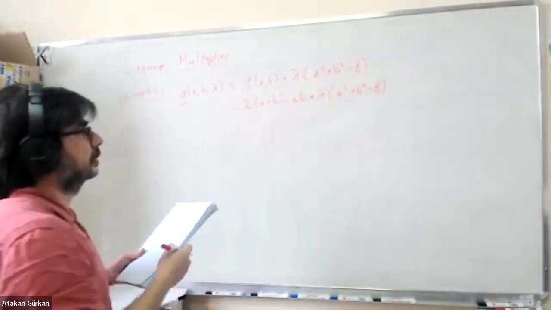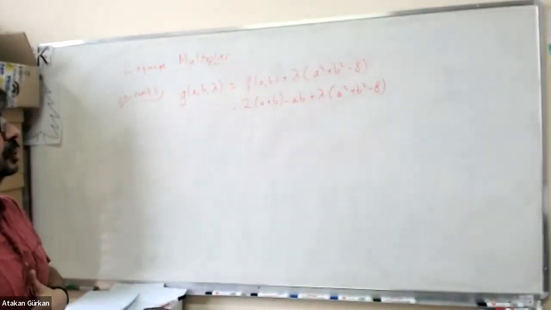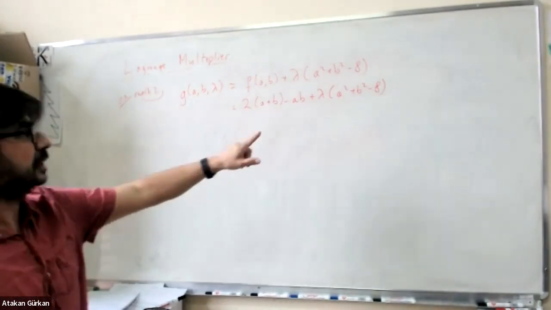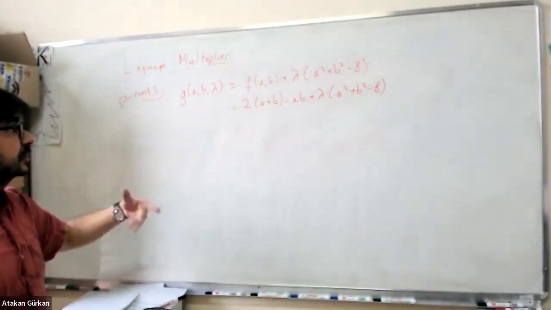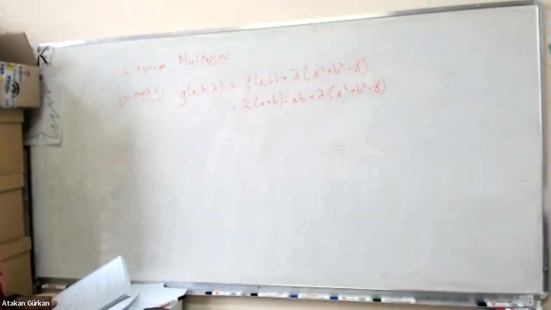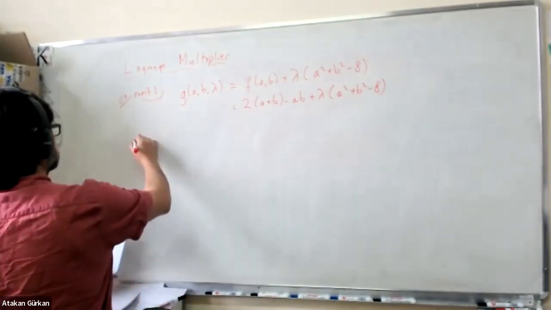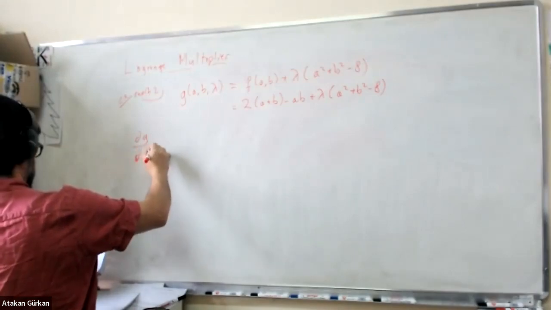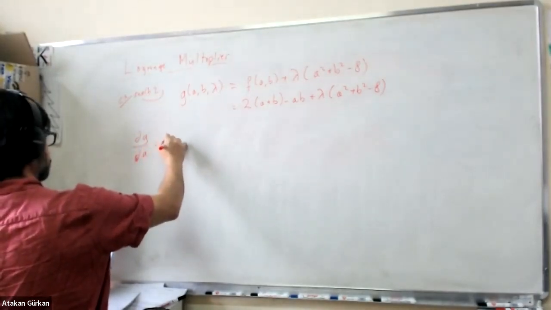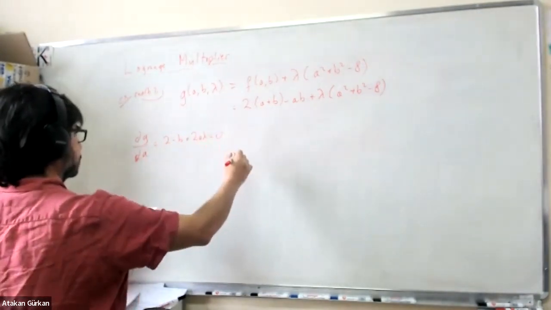Okay, this is not a function, this is just a constant. It looks like lambda is a function and the argument is a squared plus b squared. It's not. I'm taking my constraint equation and multiplying by some constant. And I'm going to look at the variation of this with respect to my variables. I'm going to set them equal to 0 because that's what I'm looking for. So the variation of g with respect to a is 2 minus b plus 2a lambda, equal to 0.